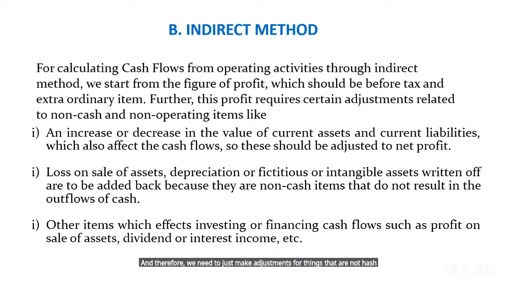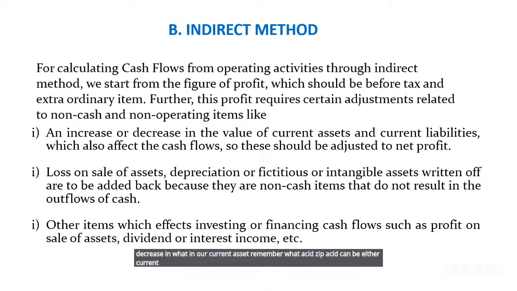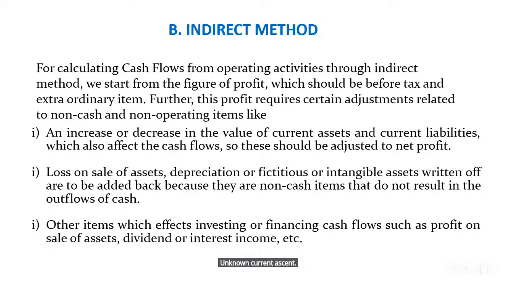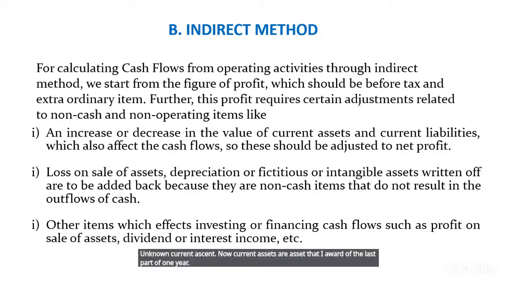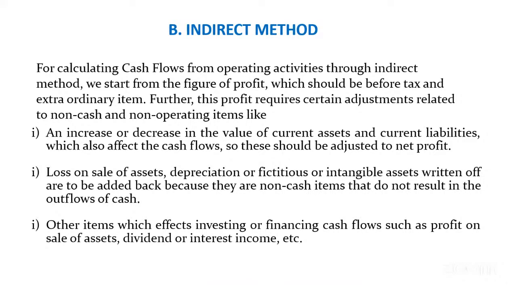So first of all, we look at what? We compare whether there's an increase or a decrease in what? In our current asset. Remember what asset? So asset can be either current or non-current asset. Now, current assets are assets that have a lifespan of 1 year. We talk about things like the stock, the cash, the prepayment, and the money in the bank.